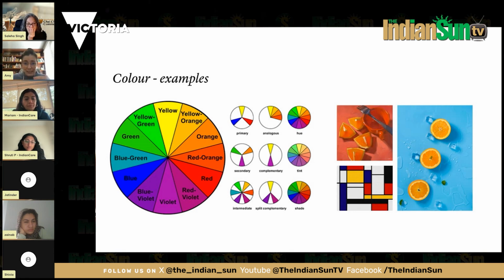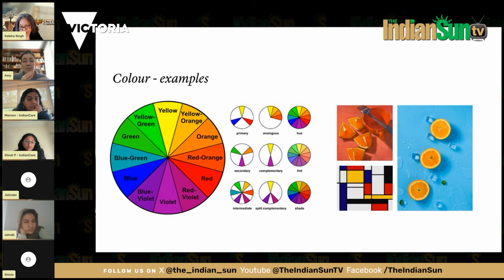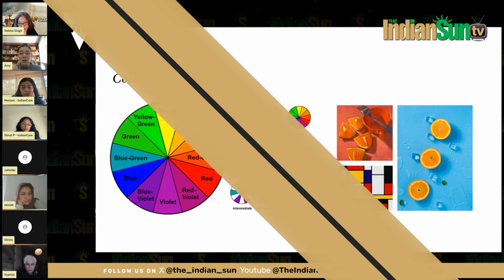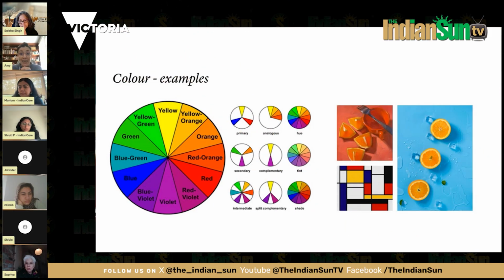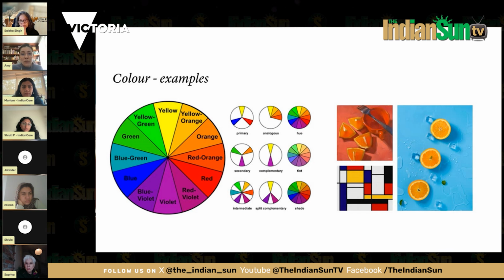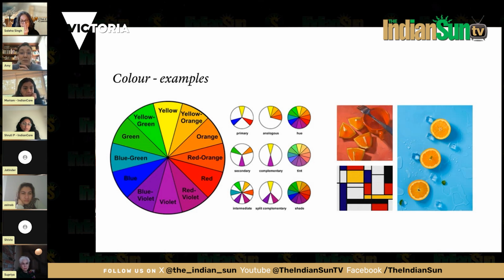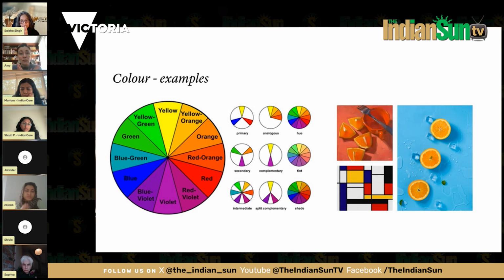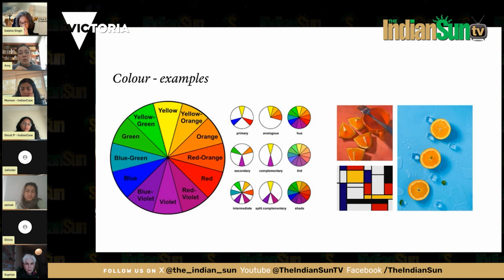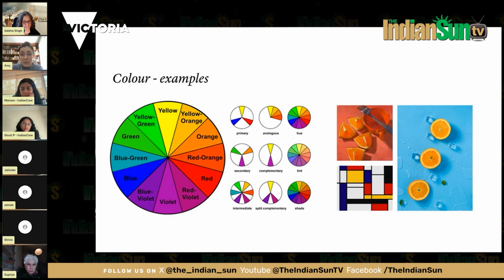If I want a really striking or dynamic palette, a contrasting color will pop off the page. Whereas if you want a more subtle tone, an analogous palette, so colors that sit next to each other on the color wheel, will often create a nice harmony as well.